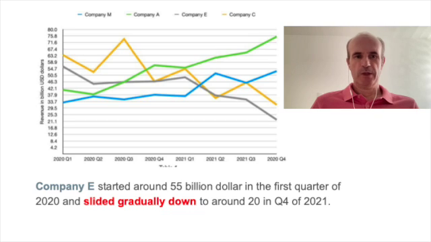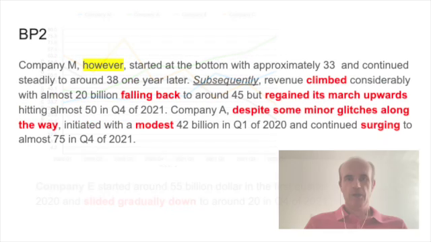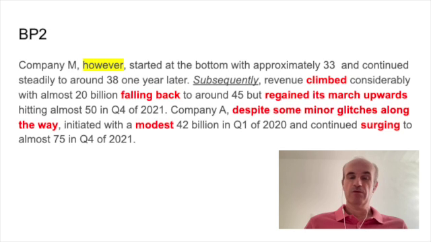Let's take a quick look at the last body paragraph. Company M, however, as you can see, I put that one in yellow because that is one of the comparisons that I want to mention. Remember, in the task they ask you to mention comparisons where relevant. So here I have another one.